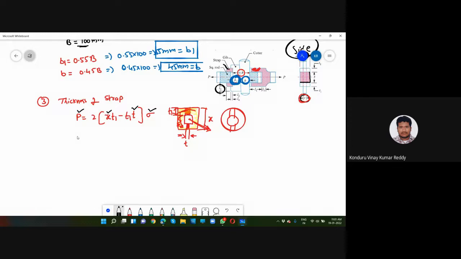We can write it in the simple form also, that is T1 is equal to, taking T1 common, P by 2 sigma multiplied with (x minus t).